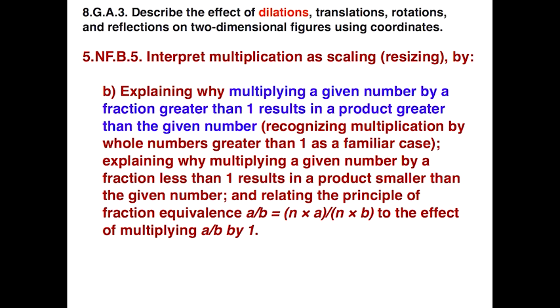The important pieces here are that multiplying a given number by a fraction greater than 1 results in a product greater than the given number, and multiplying a given number by a fraction less than 1 results in a product smaller than the given number. That parallels what happens with dilations.